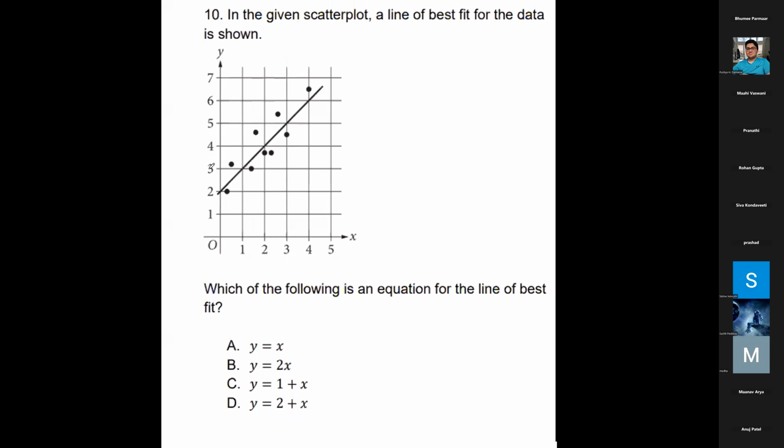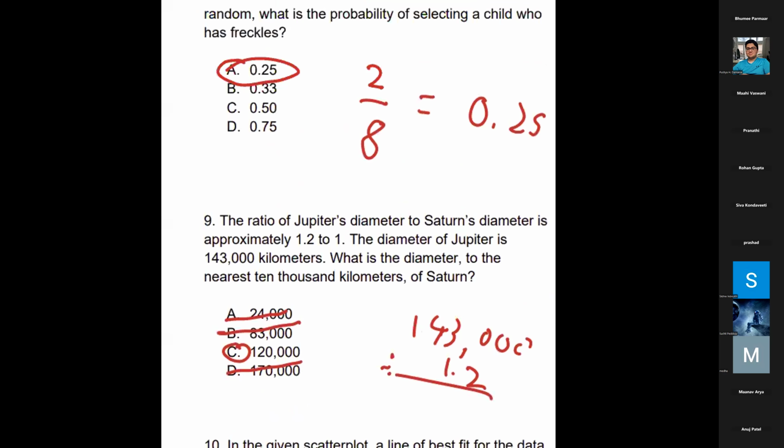Well, we have a slope of 1, because for every increase in x, we have 1 increase in y. And then we also have a y-intercept of positive 2, so it would be x plus 2. Which is the same thing as answer choice D, which is just 2 plus x. Question 11.